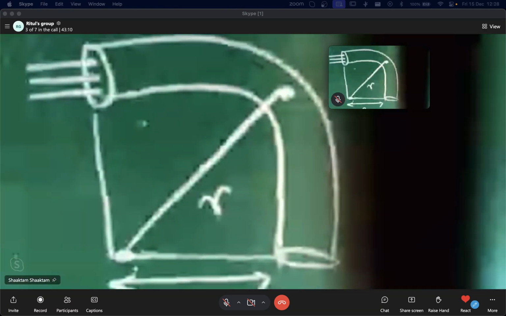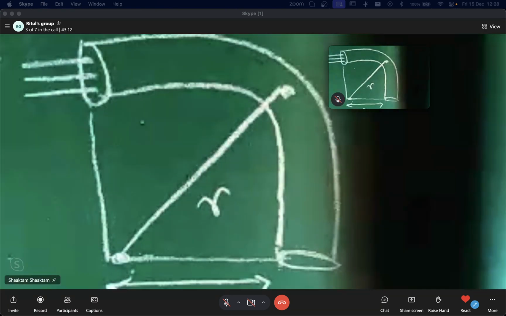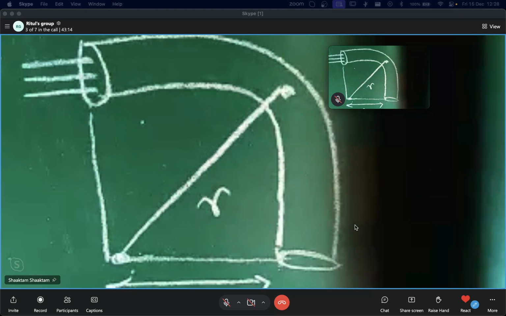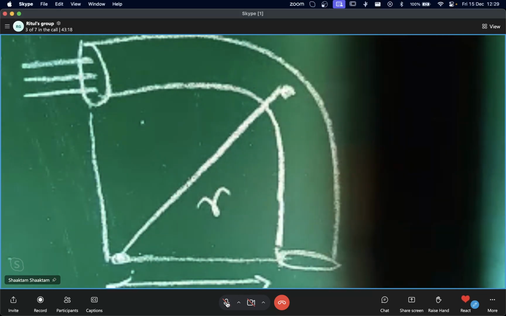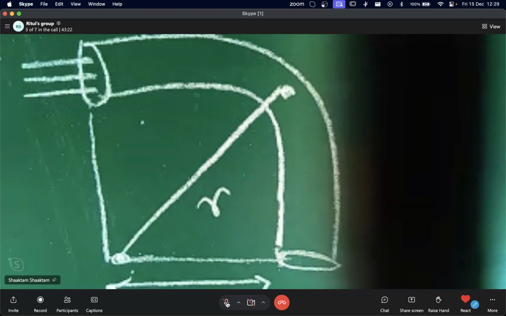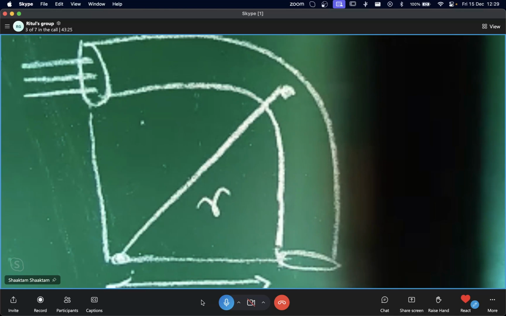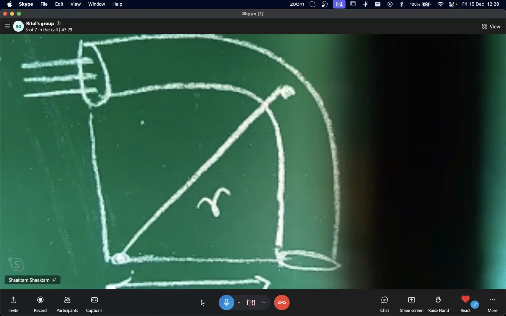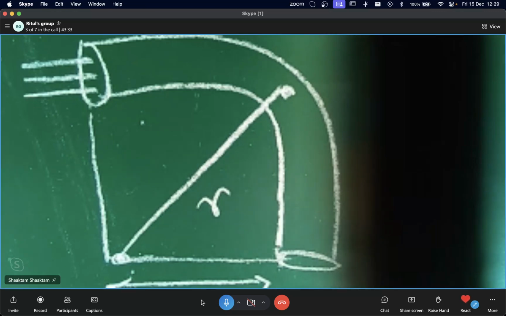Will 1 come out first or 3 first? Okay, they'll come one after the other.